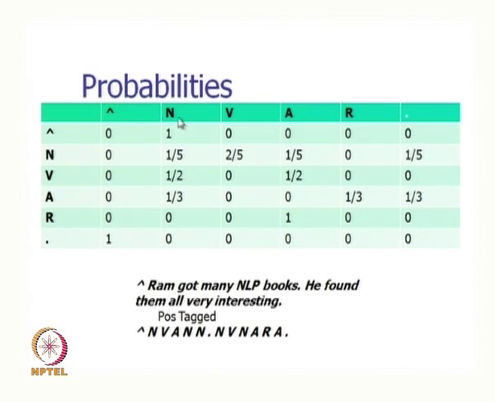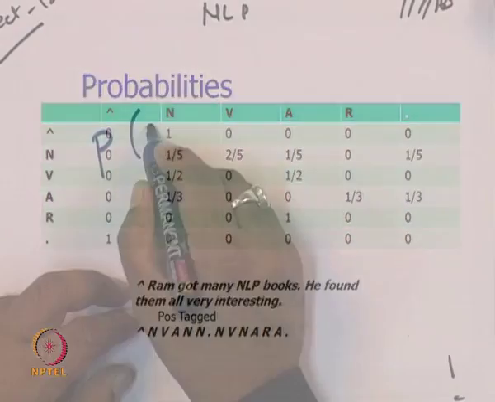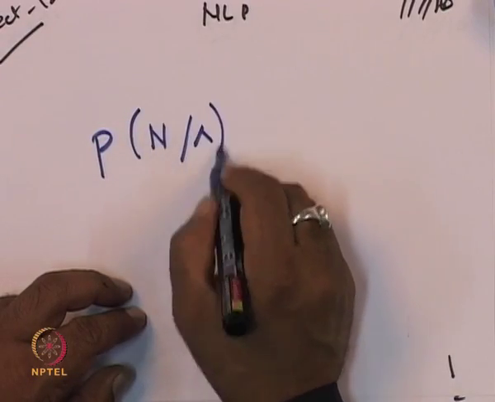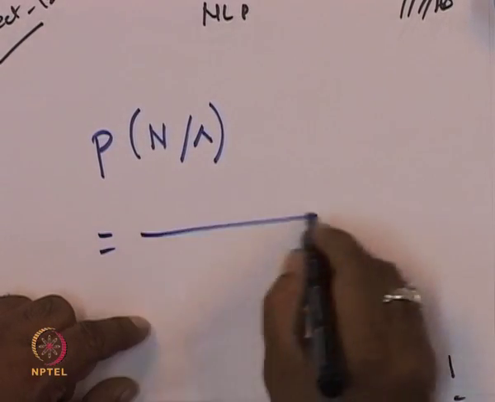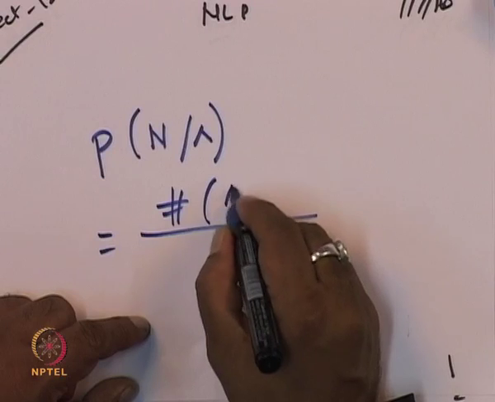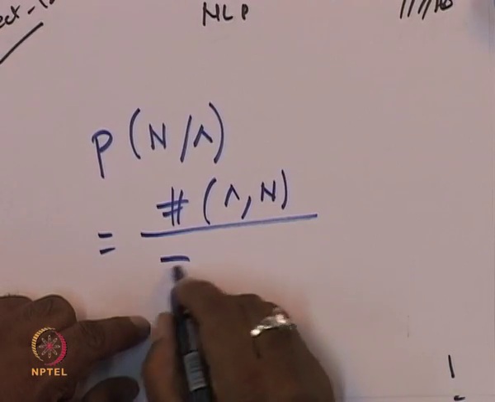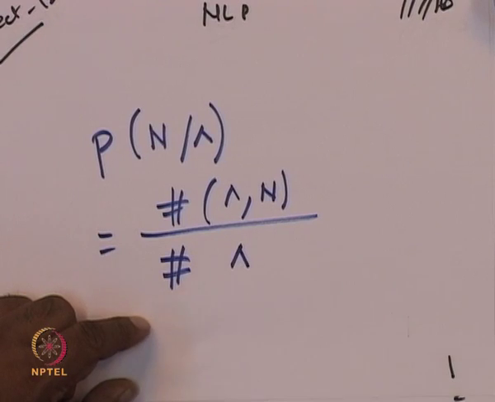So, we have here the nouns as the columns and we need to find out what is the probability of noun given that the previous tag was hat. So, how do we find it? Let me write down the expression and this will be clear from that. We have to find out probability of noun given hat. So, this must be equal to the number of times we have the sequence hat and noun, and the number of times there are hat symbols.